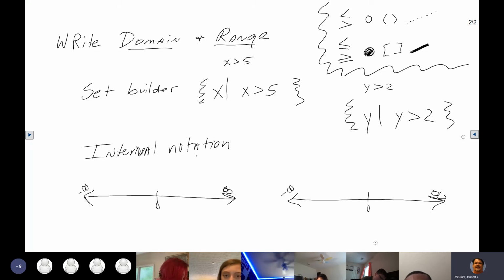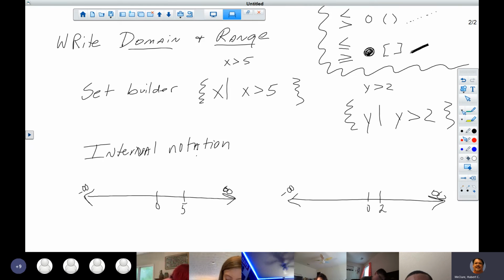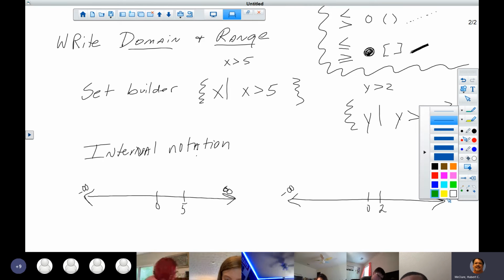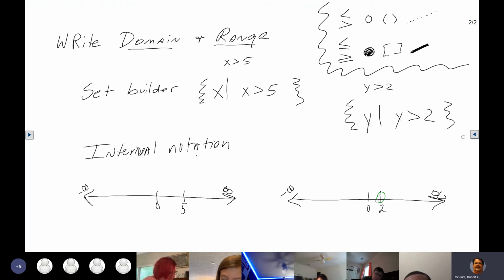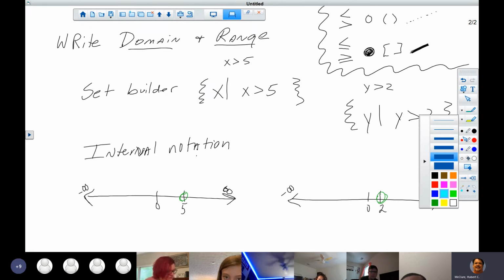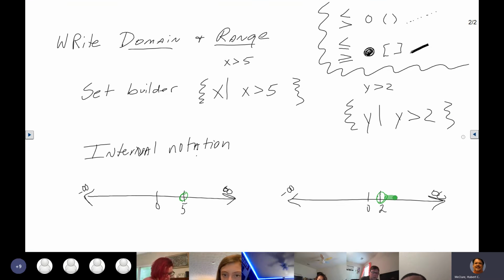And 5 is right here, and 2 is right here. We're going to have an open circle at 2 and an open circle at 5, and these numbers are greater than 2, and these numbers are greater than 5.